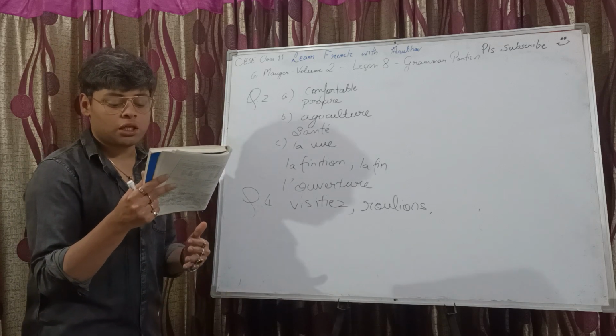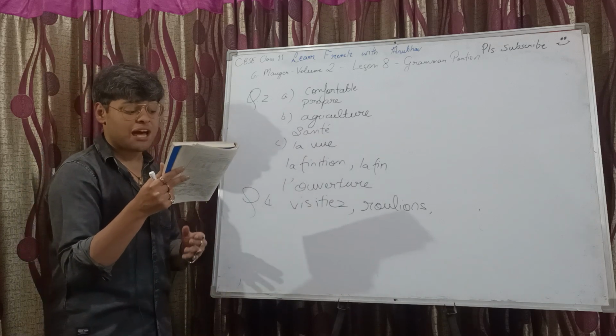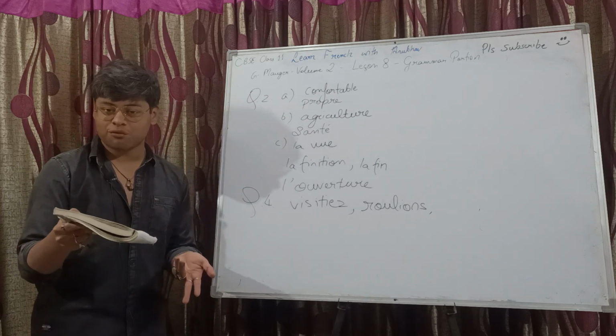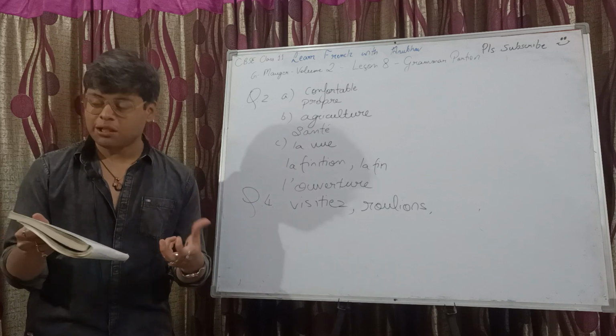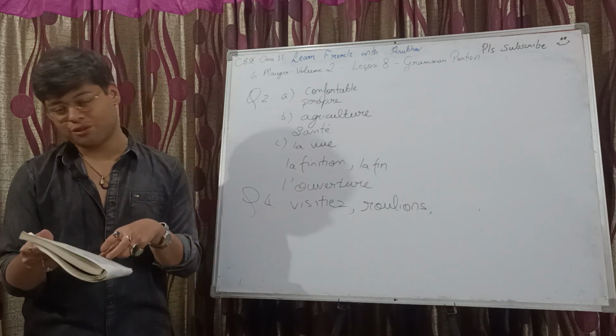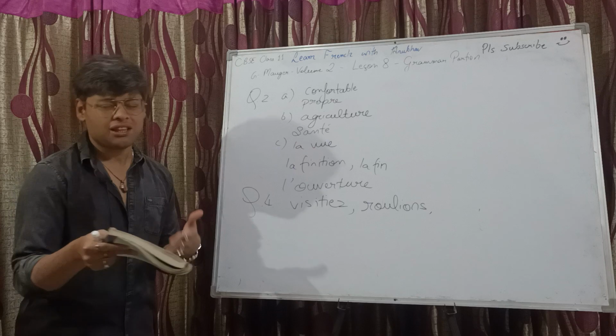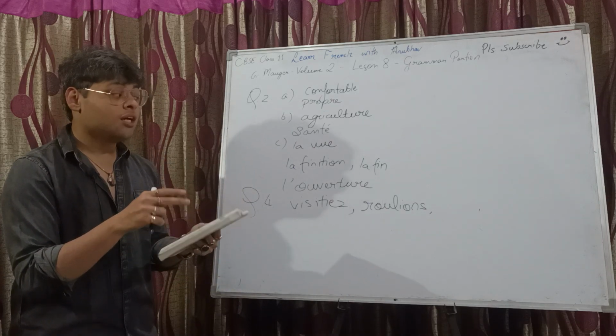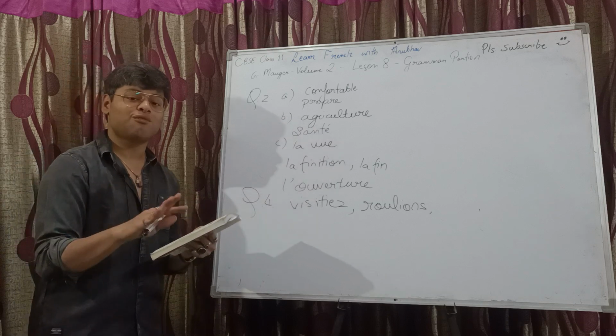Que nous s'arrêter. We have a pronominal verb. Very easy. You need not do the usual way of conjugation. It's just that the reflexive pronoun will come between the subject and the conjugated verb. That's all. So s'arrêter, nous is the subject, so the reflexive pronoun of nous is nous only.